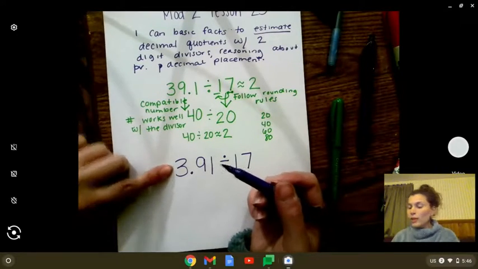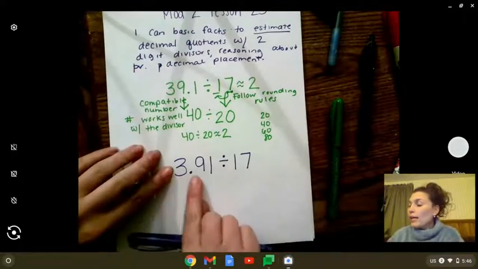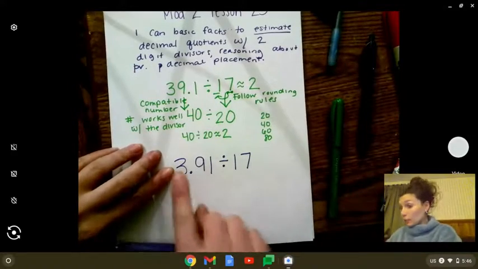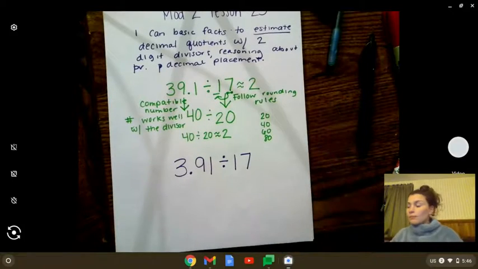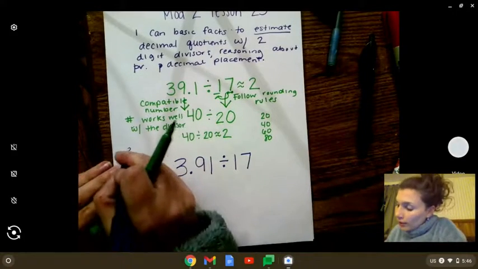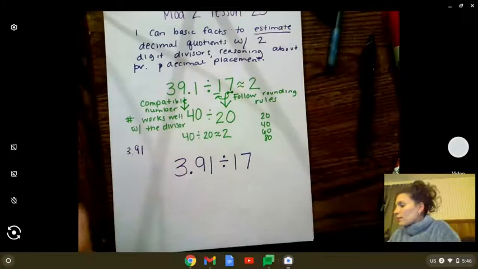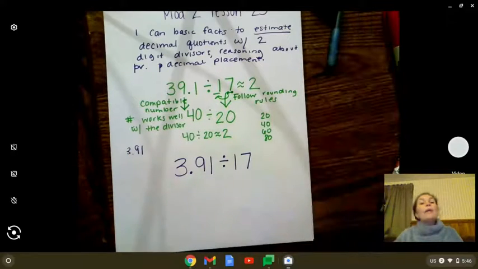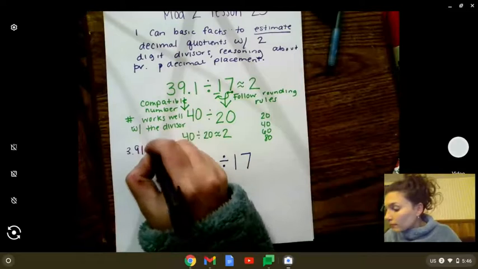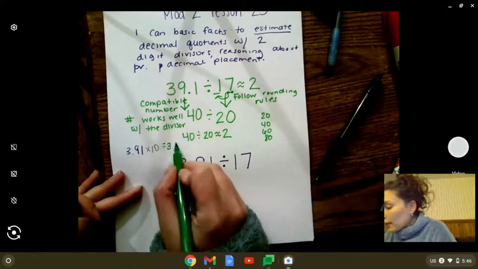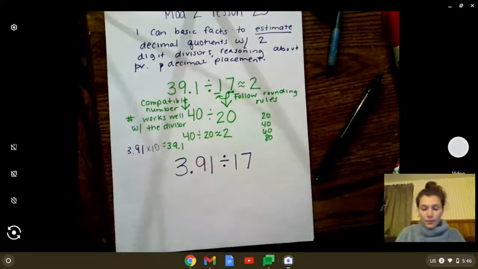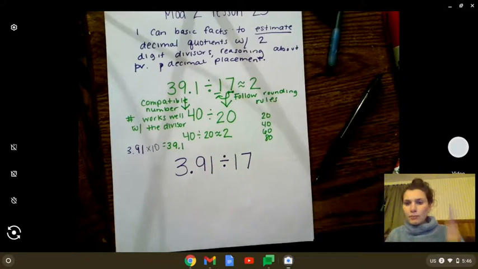Well, we know that 3 and 91 hundredths is smaller than 39 and 1/10. 3 and 91 hundredths is 10 times smaller than 39 and 1/10. So that means something for our answer.